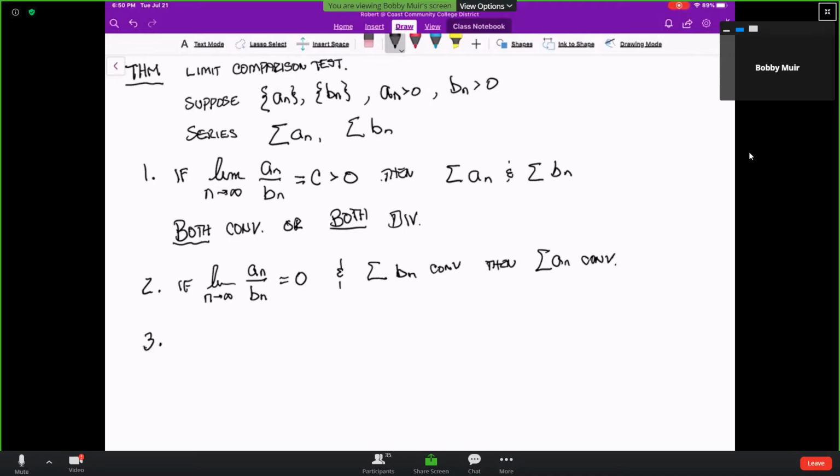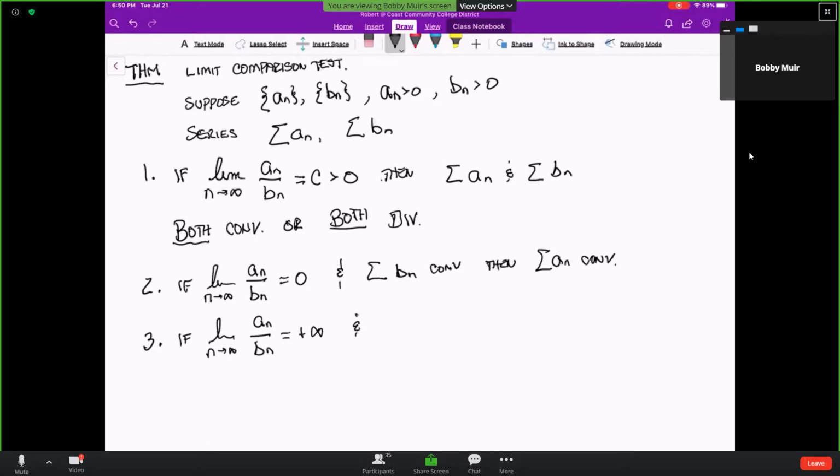Number 3, if the limit as n tends to infinity of An over Bn is positive infinity, that would mean that the An's are going bigger than the Bn's.